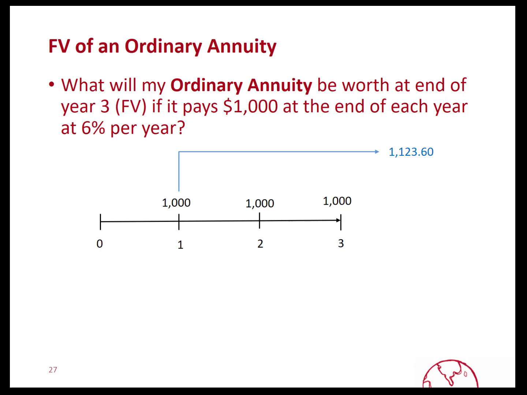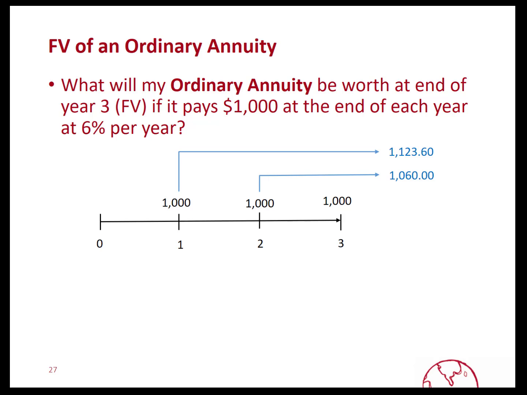That first $1,000 is going to be invested and compounded for 2 periods. So if you were to use your present value, future value, you would say the present value is $1,000, the future value is going to be $1,123, growing at an interest rate of 6% for 2 periods. The second $1,000 at the end of year 2 is then going to grow for 1 period, and notice that it only accumulates $60 of interest.